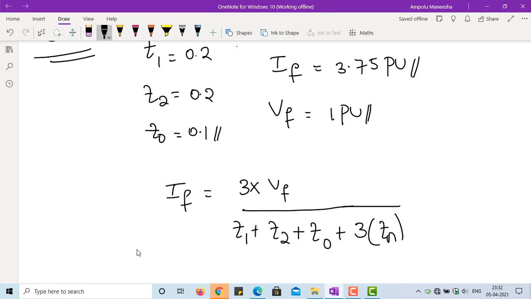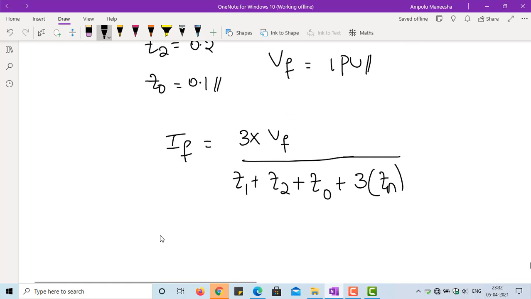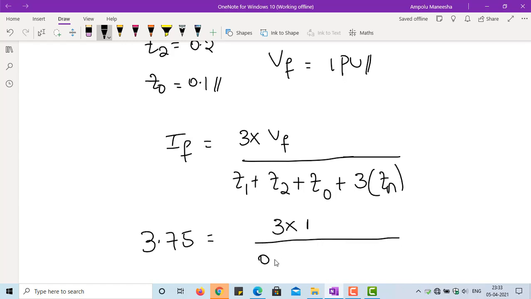In the question it is given that IF is 3.75 per unit, equal to 3 into fault voltage 1, divided by Z1 is 0.2, Z2 is 0.2 plus Z0 is 0.1 plus 3Zn. We need to find out the impedance that is connected between neutral and ground.